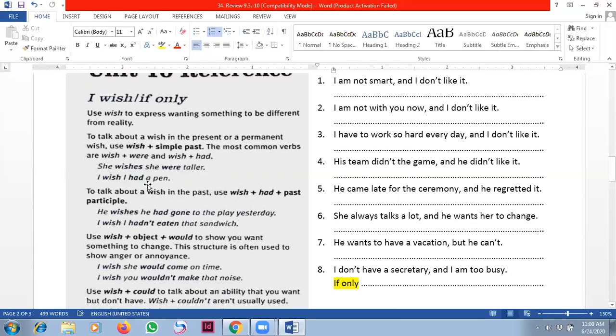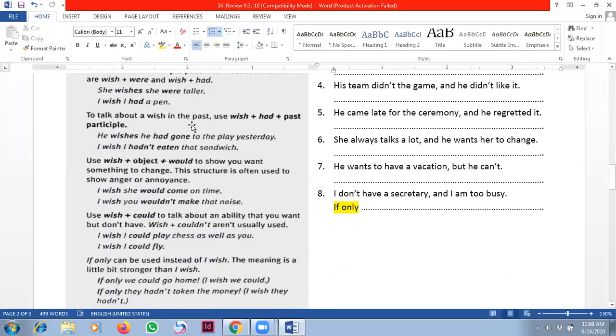I wish I had a pen. What is the reality? I don't have a pen. So if the wish sentence is in past tense, it's actually talking about present reality. All right. We can take a look at the exercise later.